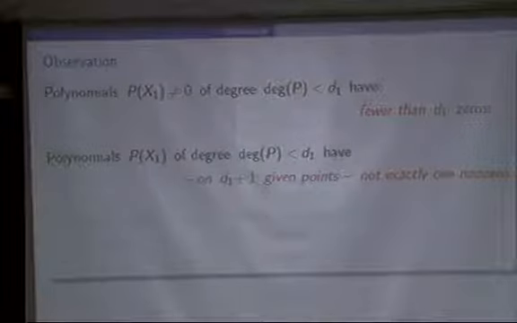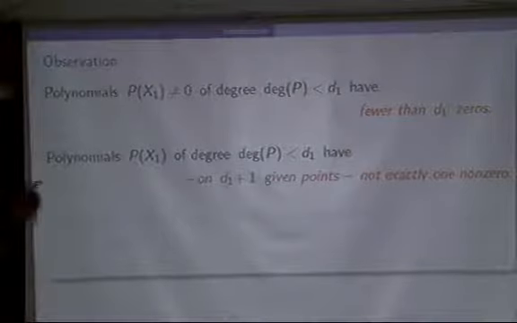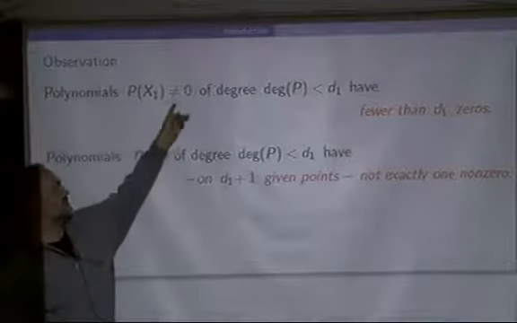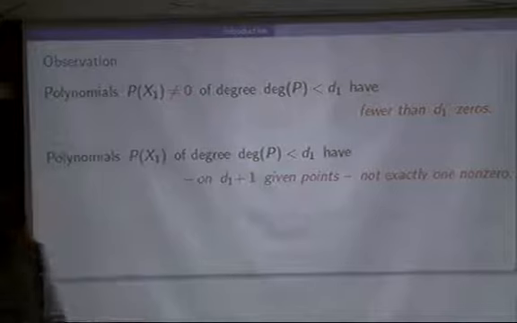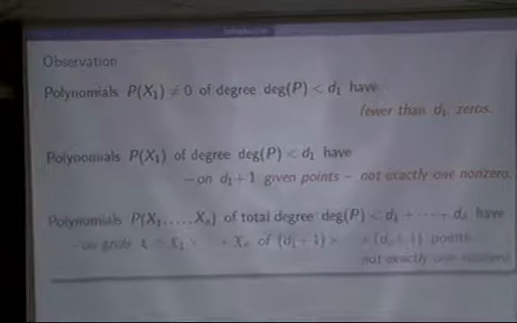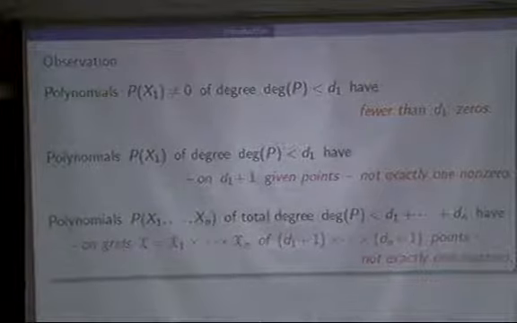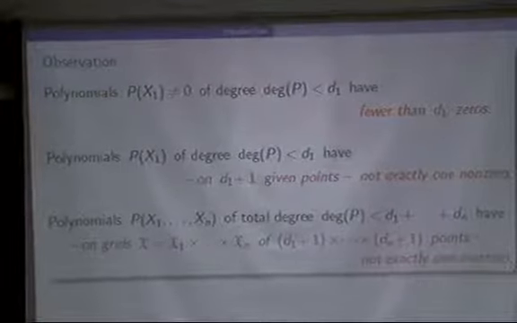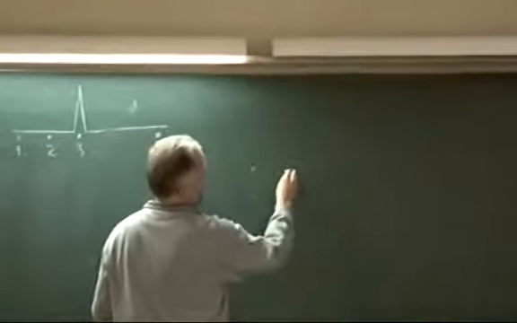So this formulation has now an advantage. Some people say that one advantage is that you don't have to exclude this case, but the main advantage is that you can generalize it to polynomials in several variables. So now we don't look at just d1 points, we look at a Cartesian product.